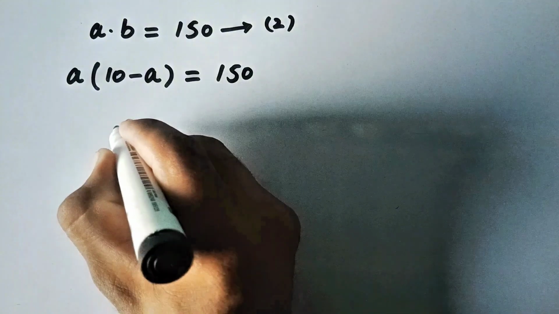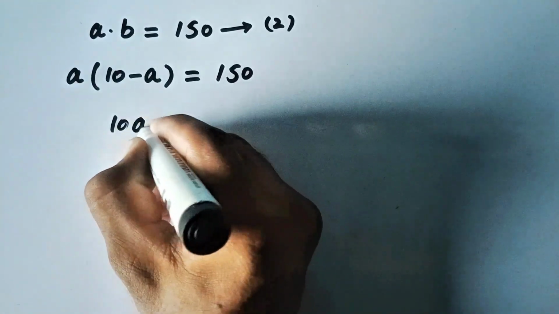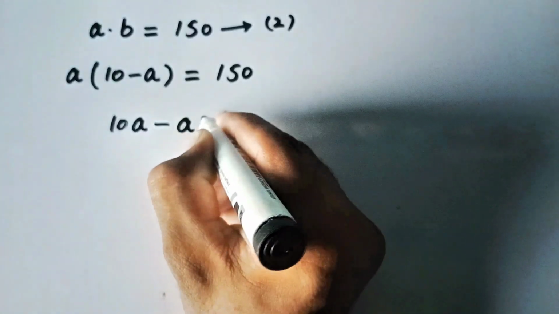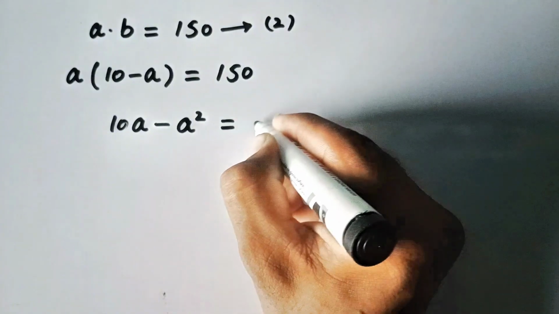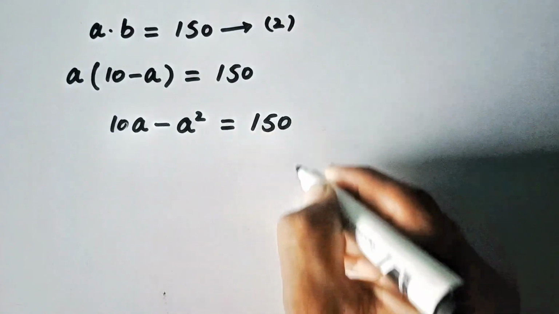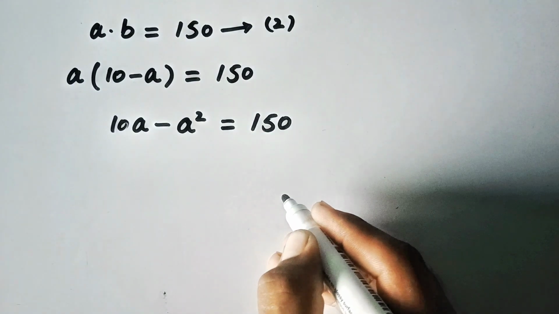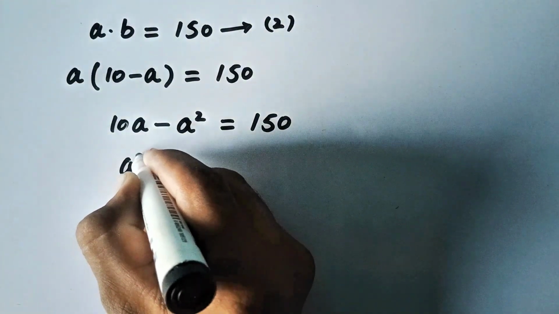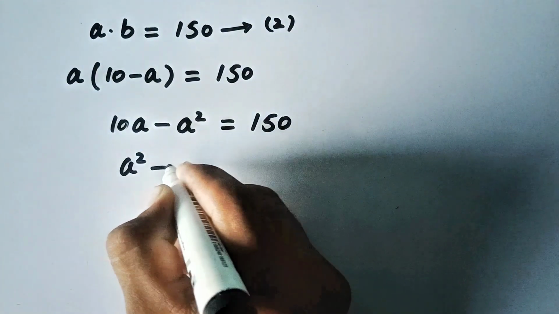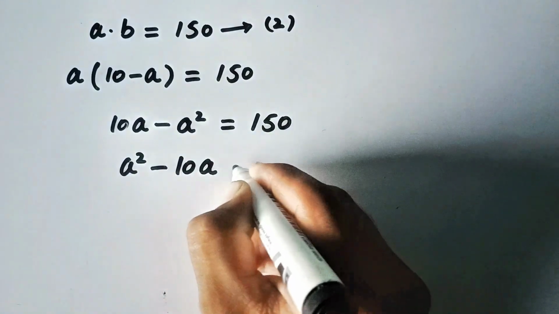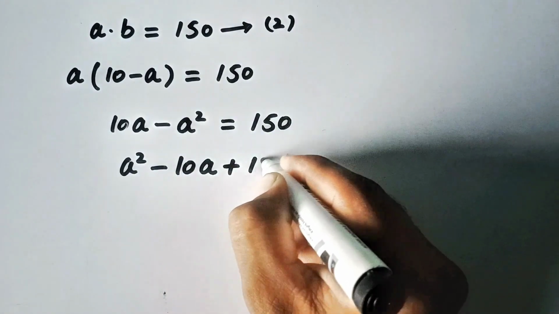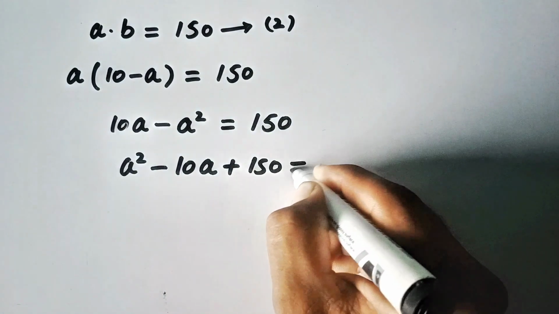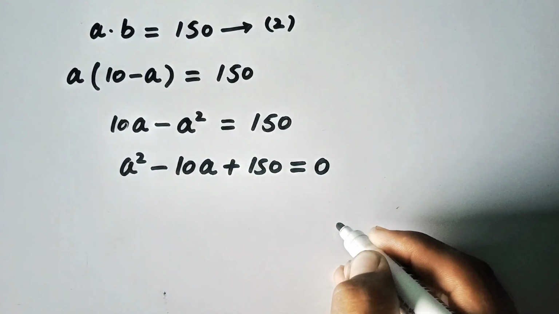Here it will be 10a minus a square equal to 150, and now by rearranging the equation, here we will get a square minus 10a plus 150 equal to 0.